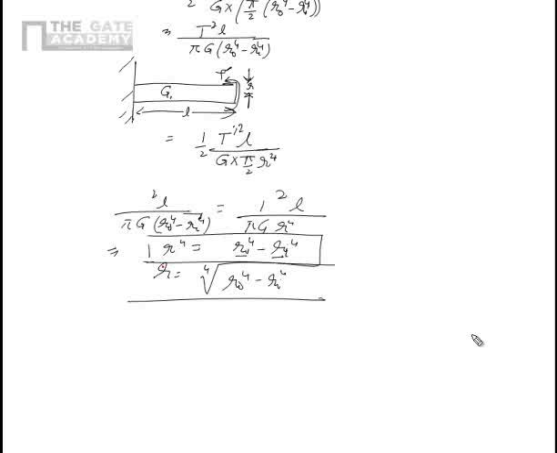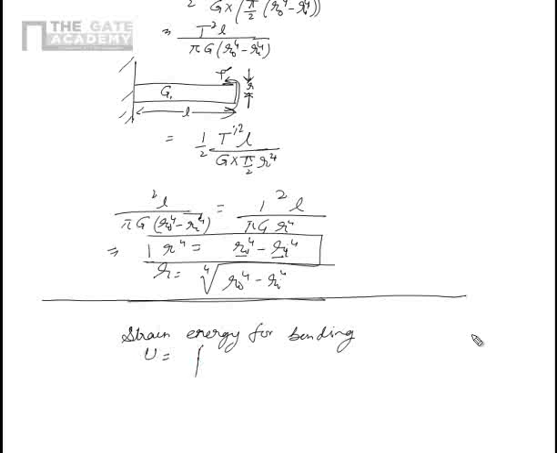So that's about torsion. Now let's see what is the strain energy for bending. That's another interesting case. Strain energy for bending is given by this formula, because in most cases the bending moment is not constant over the whole length.